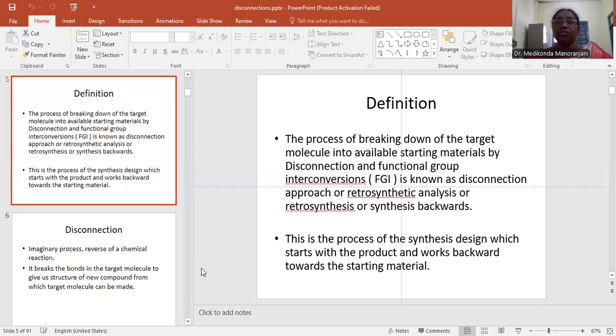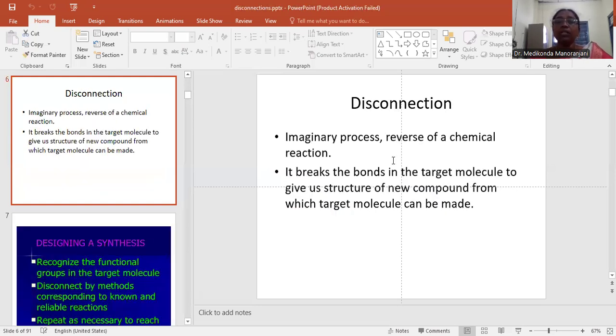This is the process of synthesis design which starts with the product and works backward towards the starting material. Now, what is disconnection? It is an imaginary process, a reverse of a chemical reaction. It breaks the bonds in the target molecule to give a structure of a new compound from which the target molecule can be made.